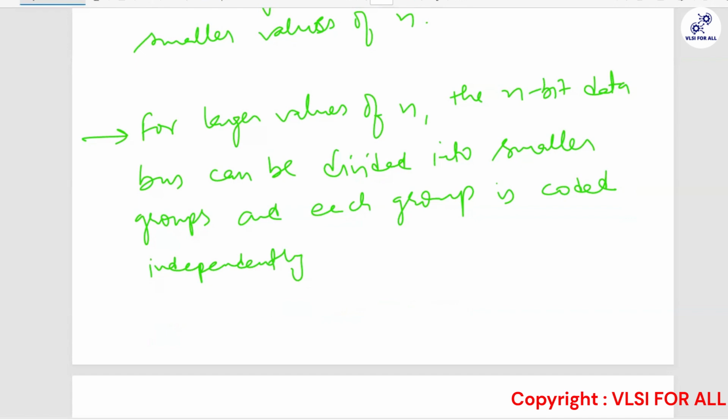Okay, so this is the bus encoding technique for you.